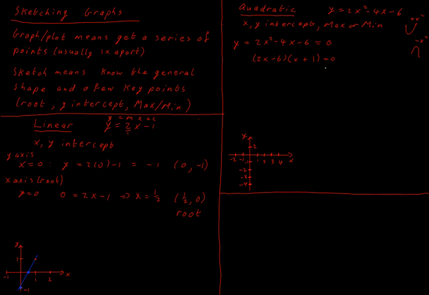So we will factorize into 2 brackets, and then either of the brackets individually could be equal to 0. When we rearrange this, we will get x is equal to 3 and x is equal to -1.